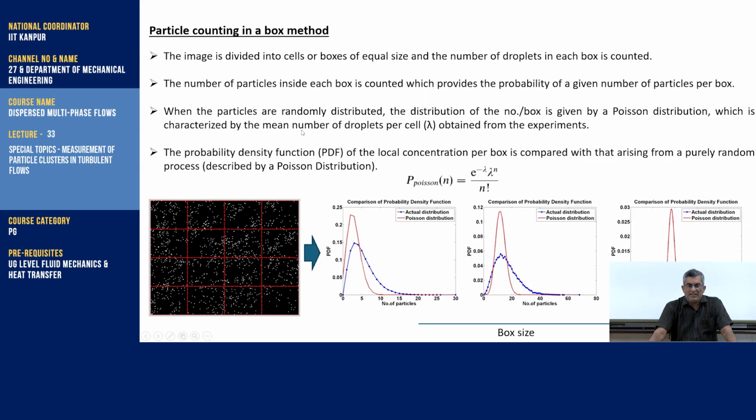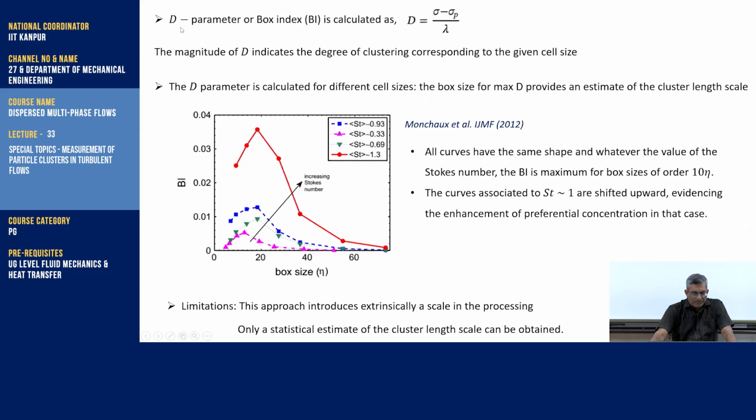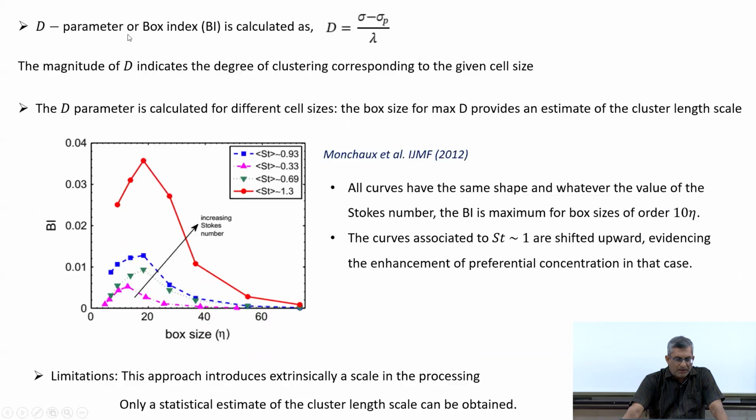Okay. But then the question is, how do we characterize the scale of the clusters? How is this related to cluster scale, you may ask. We do that by defining a parameter called the D parameter or box index, which is nothing but the normalized difference of the standard deviation between the two distributions.